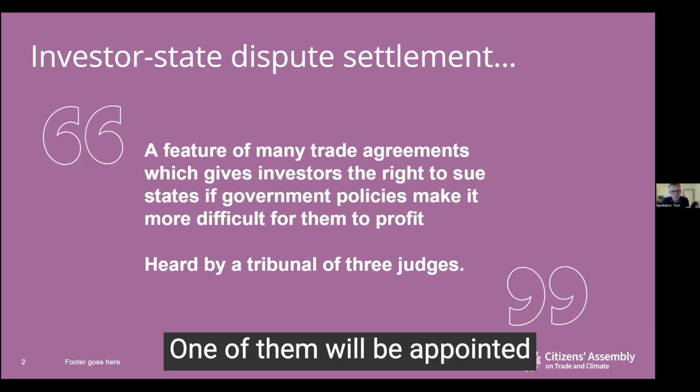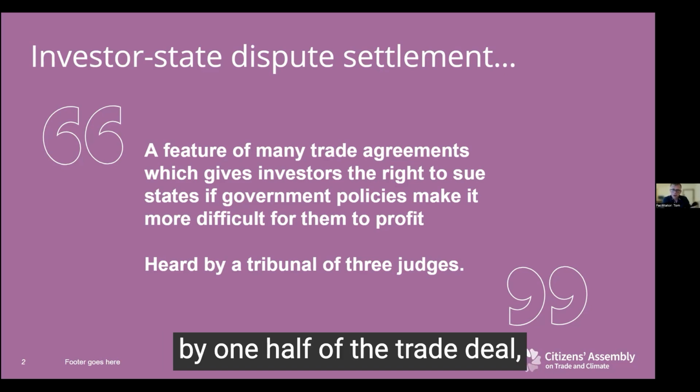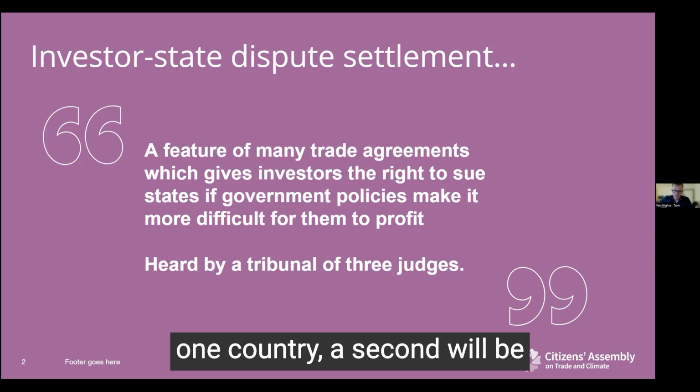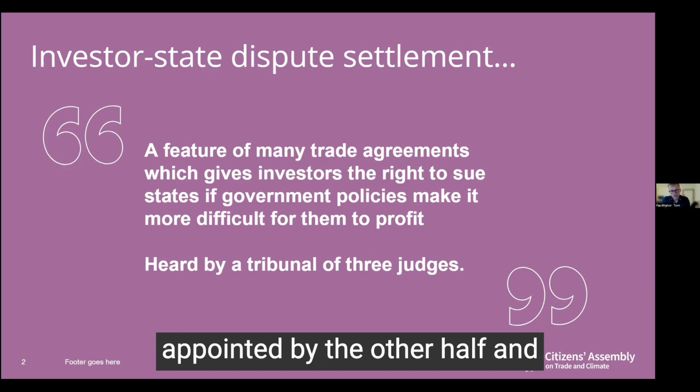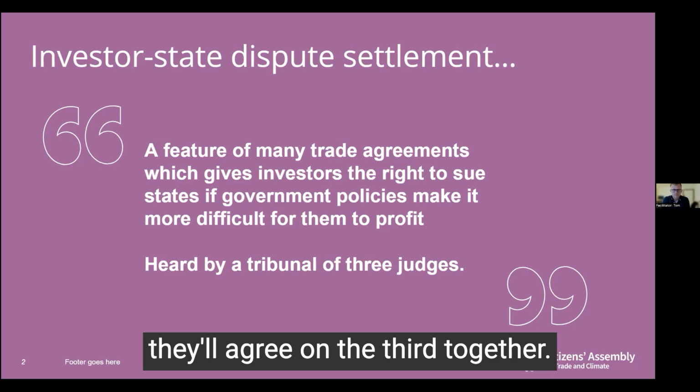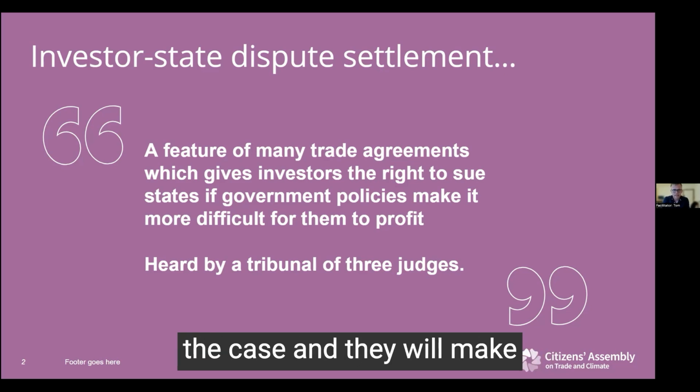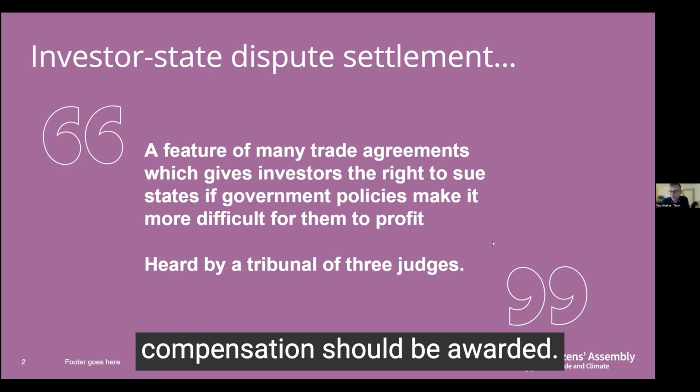One of them will be appointed by one half of the trade deal, one country. A second will be appointed by the other half, and they'll agree on the third together. And those three judges will hear the case, and they will make a judgment as to whether compensation should be awarded.